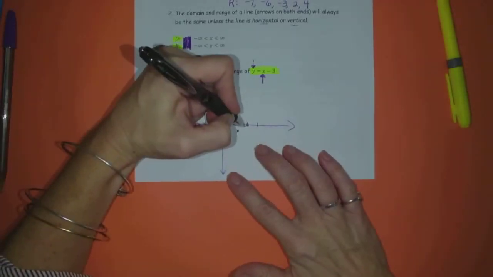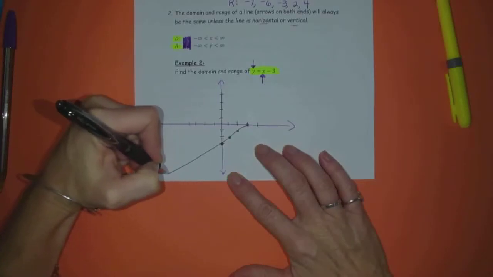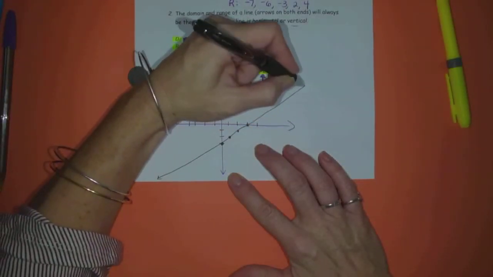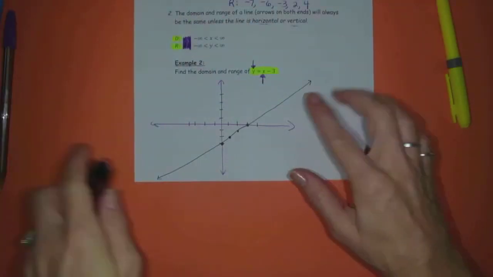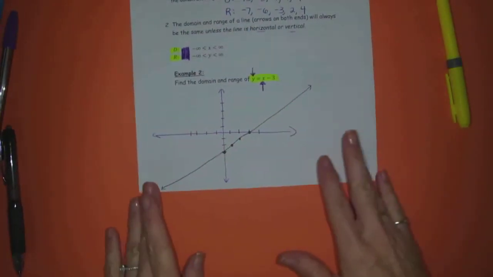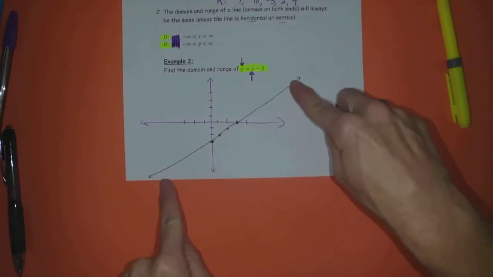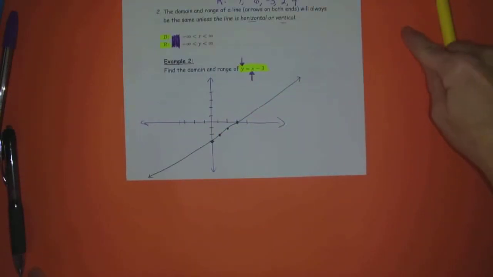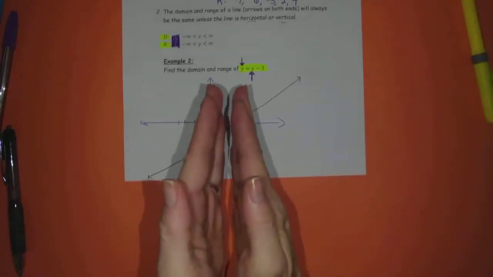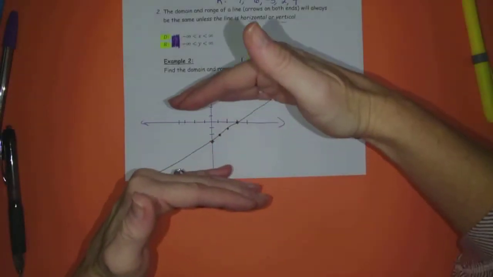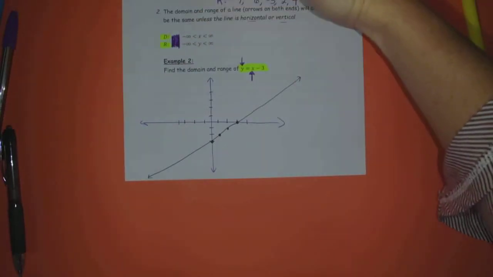So you can see that when you connect these dots, this line stretches far beyond my paper constraints here, but this line just goes on and on and on. It follows the entire x-axis and the entire y-axis.